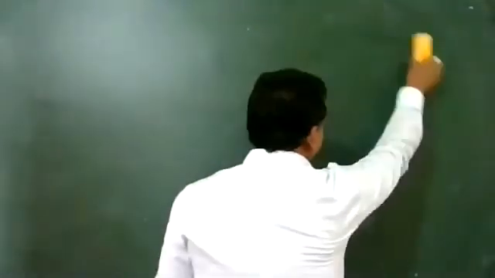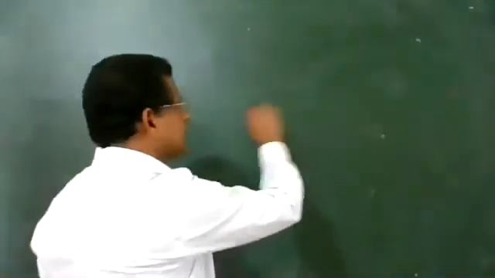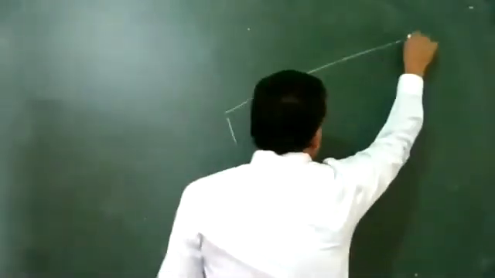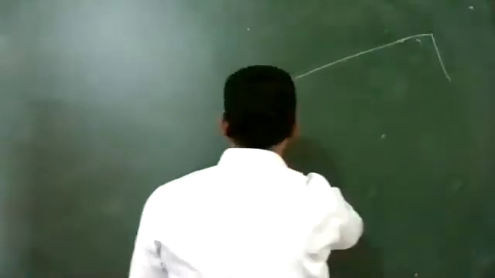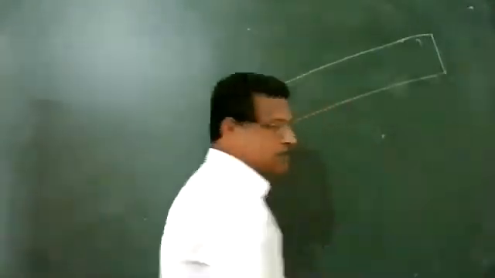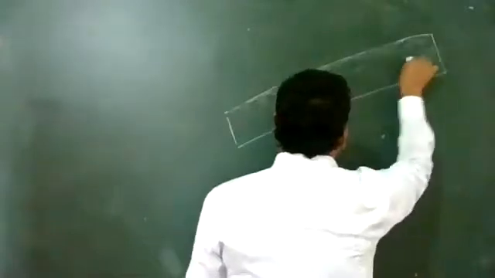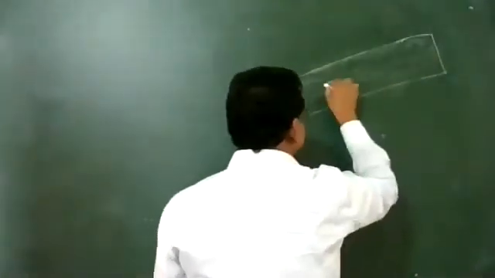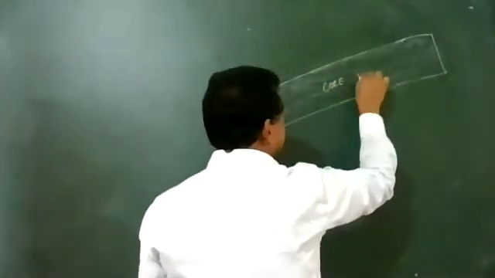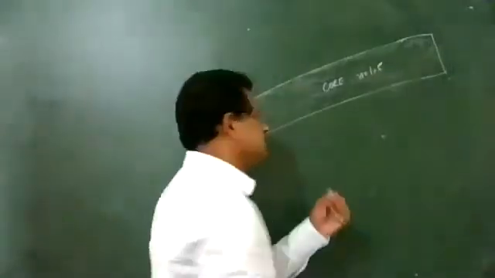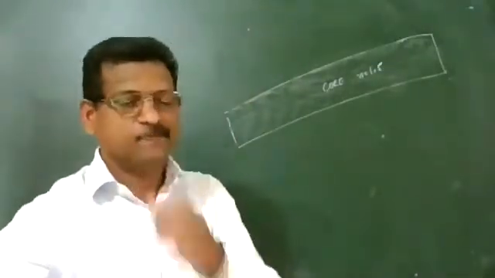So drawing the diagram in a little bigger way, this is your optical fiber. Inside is the core, with refractive index 1.5.